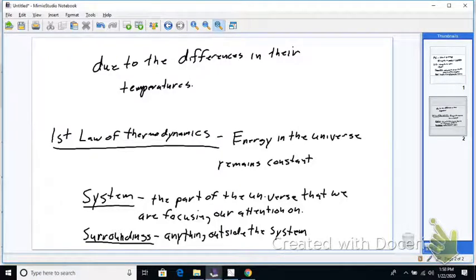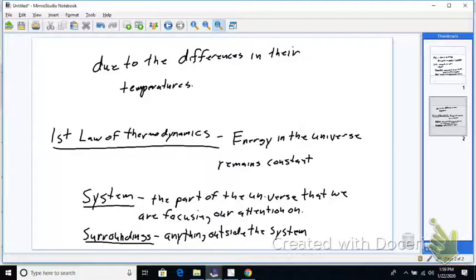An endothermic process, the system brings in energy. Does that make sense? So if it's endothermic, we're looking at a system. It's endothermic when the system brings in, or energy flows in. So energy flowing into a system is called endothermic. So energy is flowing into the system from the surroundings. That's what we call endothermic.